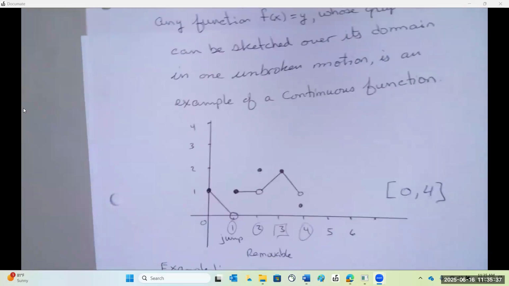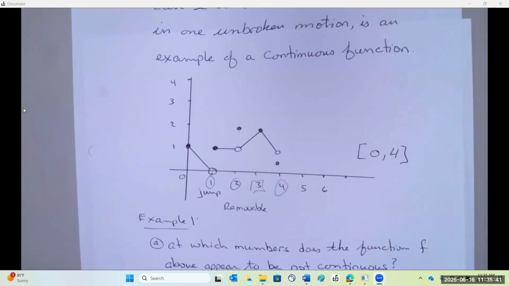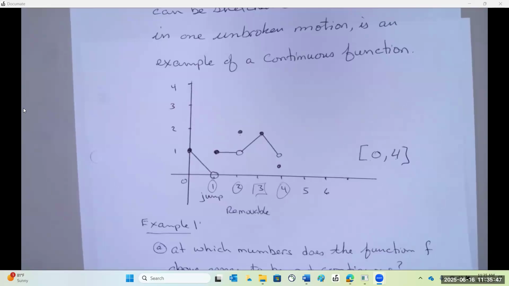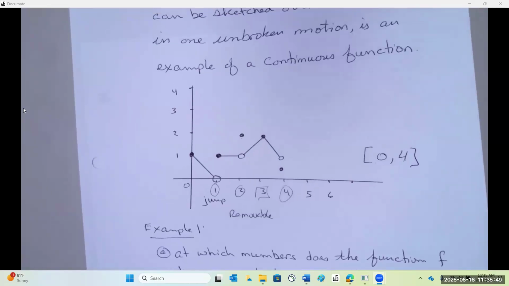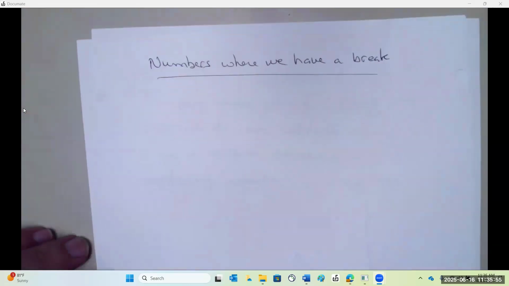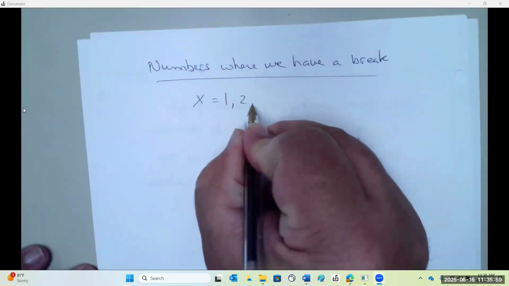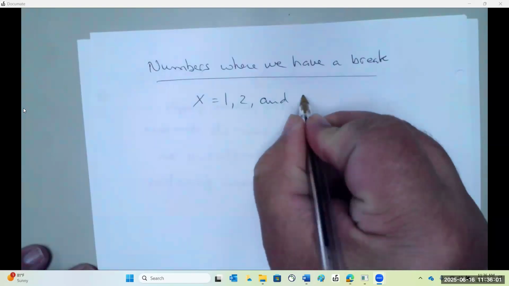So what numbers give us a break? Where is there some sort of discontinuity? 1, 2, and 4. Those are the ones we're going to look at first, because we know there's issues at those points. At 1, 2, and 4.